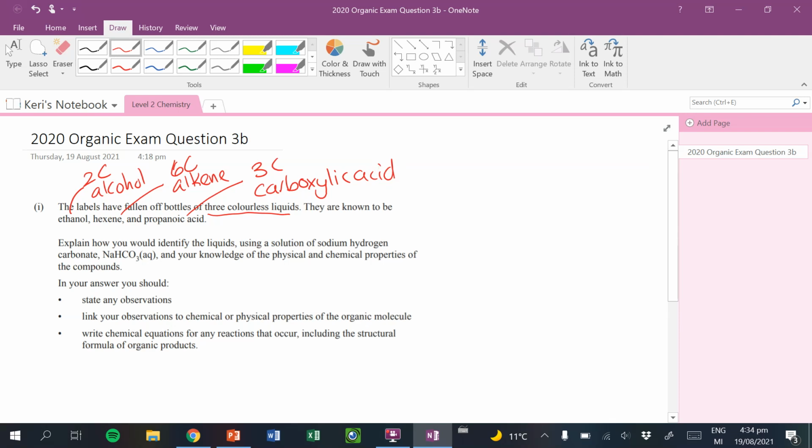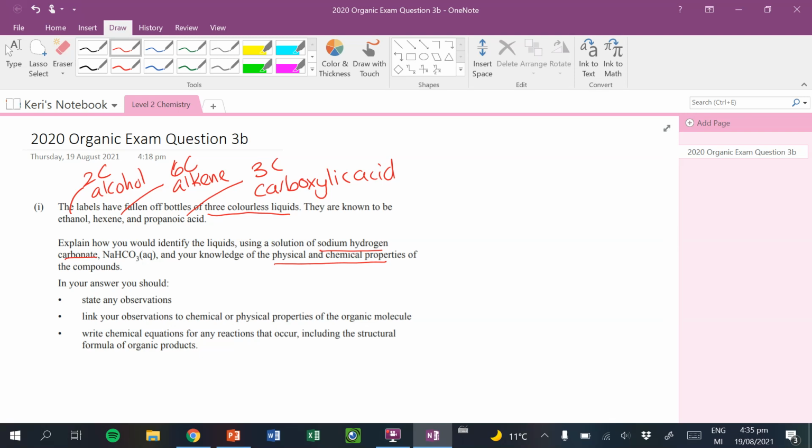The next part talks about it: explain how you would identify the liquids using a solution of sodium hydrogen carbonate and your knowledge of physical and chemical properties. So they've only given me one reagent to test. Other times they give you a free-for-all, and you can choose anything you want. But in this case, they haven't. They have told me what I have.